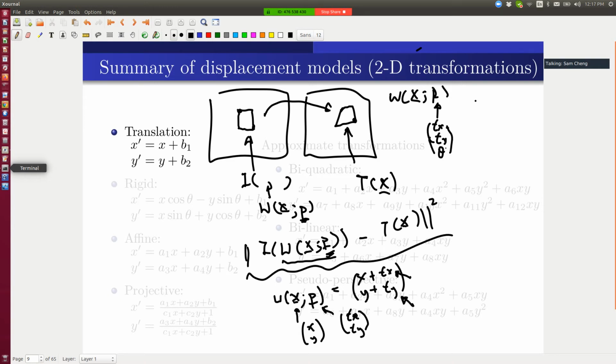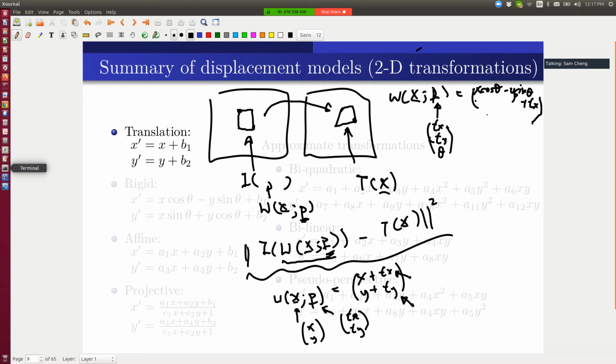Let's say rotate by theta degrees. Let's do the rotation first. Then the first coordinate is x cosine theta minus y sine theta plus tx.